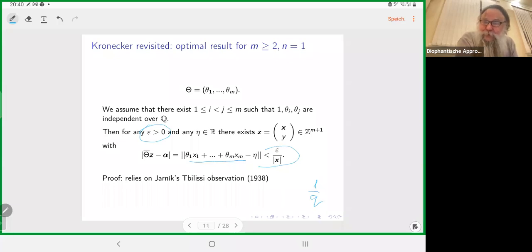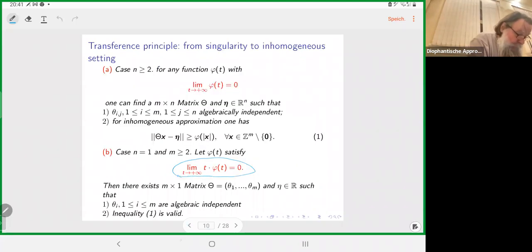This is almost obvious, and this cannot be improved to any quantitative result because of this case B in Jarnik's theorem.